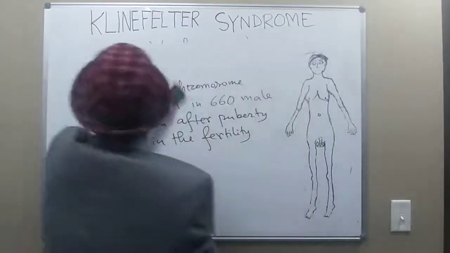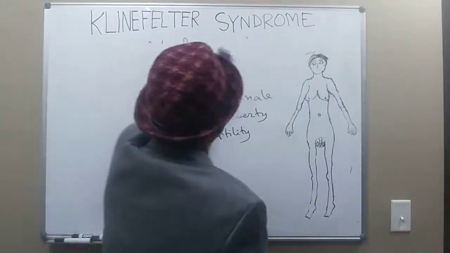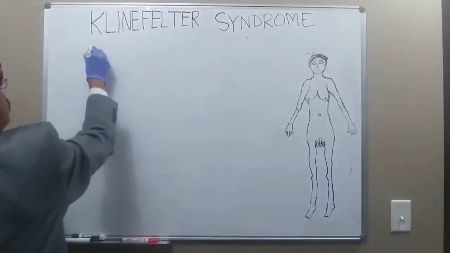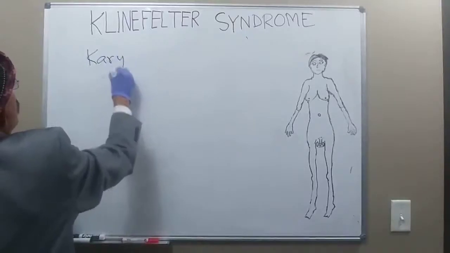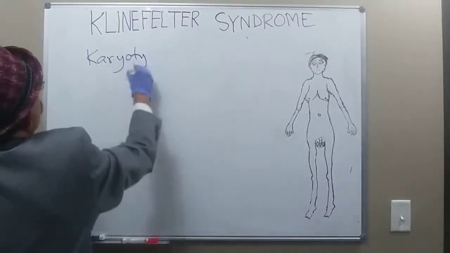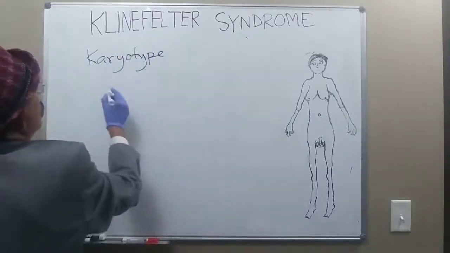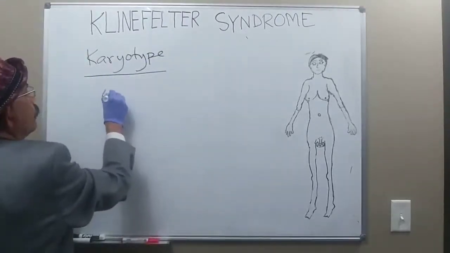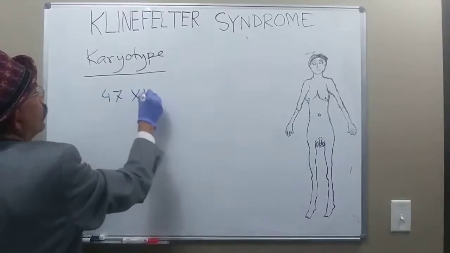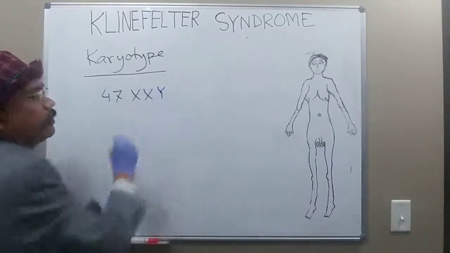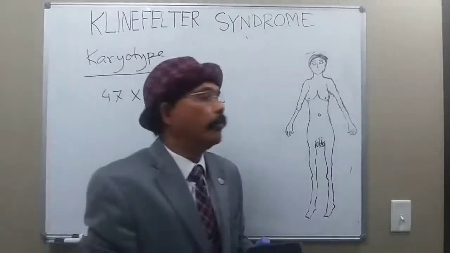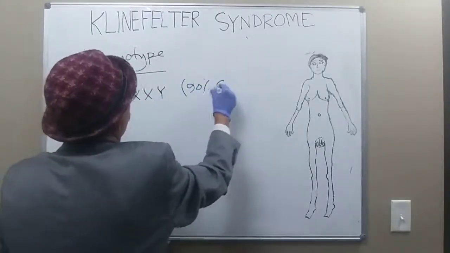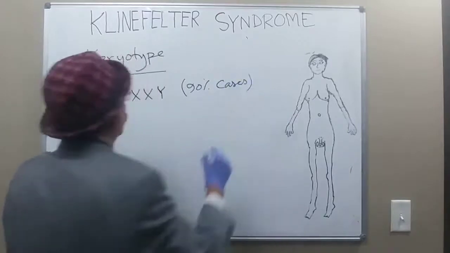We'll go to the karyotype, that is the chromosomal constitution of an individual. The most common karyotype is 47XXY. This is the most common, in 90% of cases.